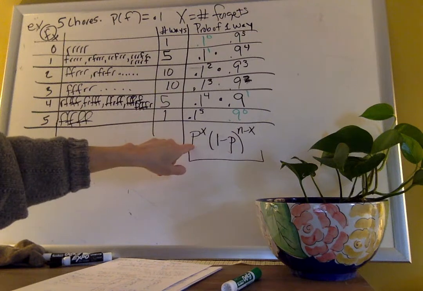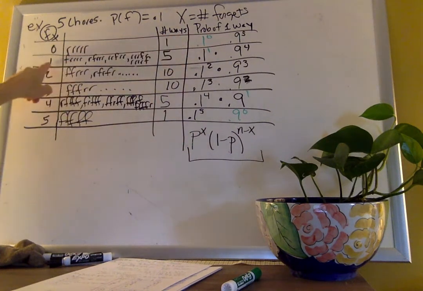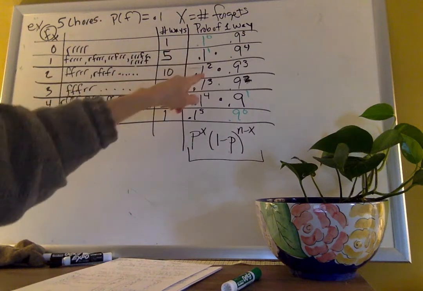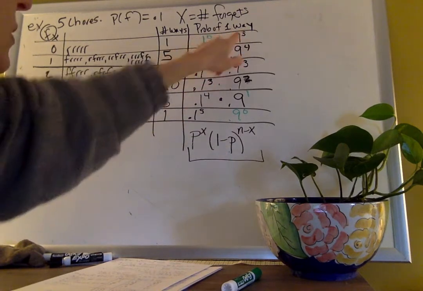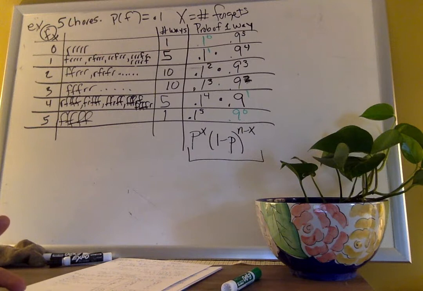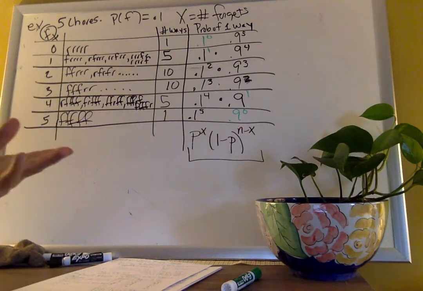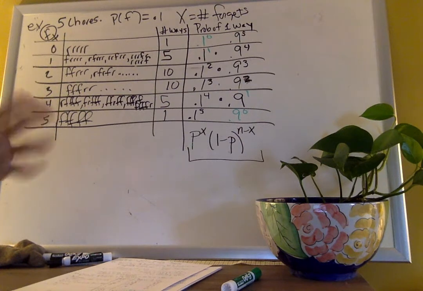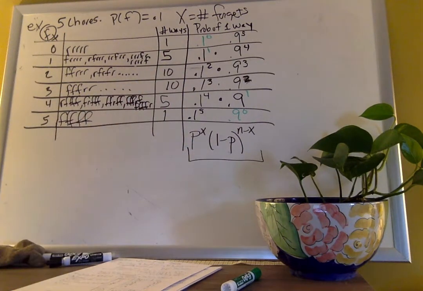Here was my probability of forget, 0.1 to the x, 0.1 to the 0, 0.1 to the 1, 0.1 to the 2. Of course, 1 minus p, we already knew was remember, the 0.9. And then, of course, my exponents have to add to 5 to make sure I took care of all 5 chores. x plus n minus x adds to n, right? The total. You could probably figure that out without me developing this whole pattern for you, right?